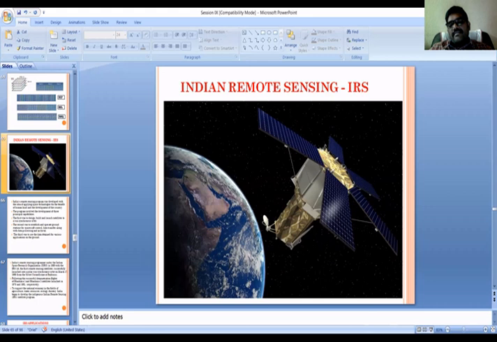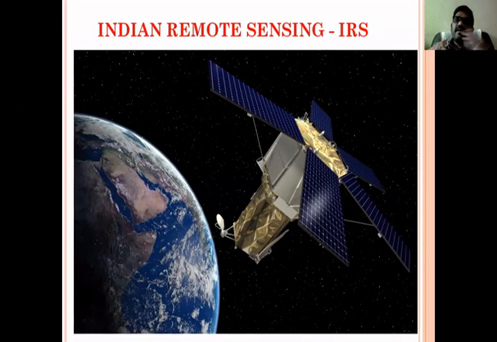We saw how the electromagnetic spectrum interacts with the atmosphere, as well as with Earth's surface. Followed by that, we saw different topics mentioned in your syllabus book: IRS (Indian Remote Sensing), Cartosat, RISAT, and of course Landsat. With that, we finished the first unit.